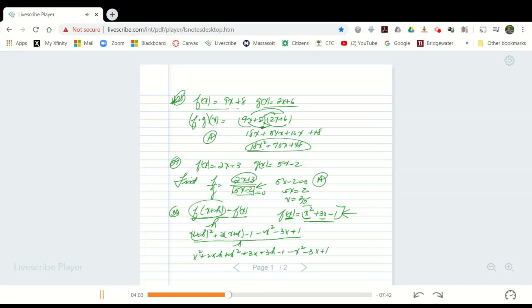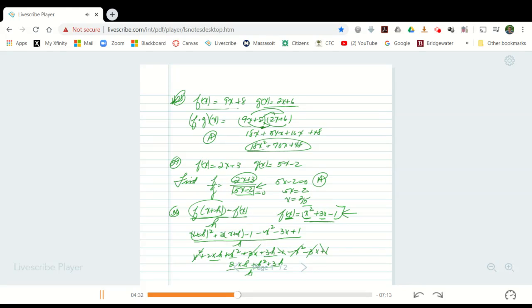I'm not going to write that, but what happens now is all kind of good things happen. The 3x's cancel out, the x squareds cancel out, the minus 1 and the positive 1 cancel out, leaving me 2xh plus h squared plus 3h, those three terms. There's one term there, and one term there, and one term there, and everything else is canceled out.